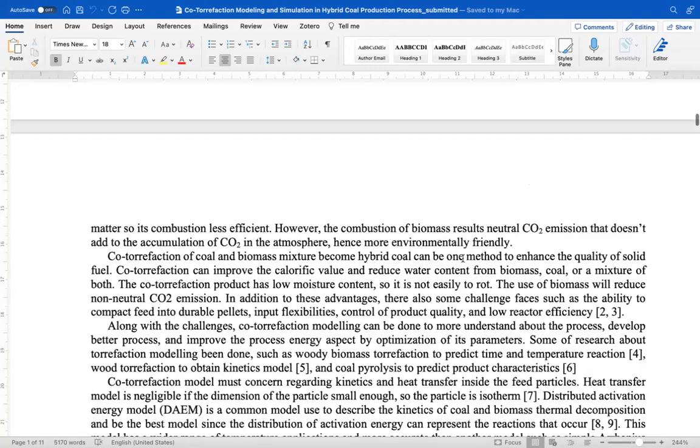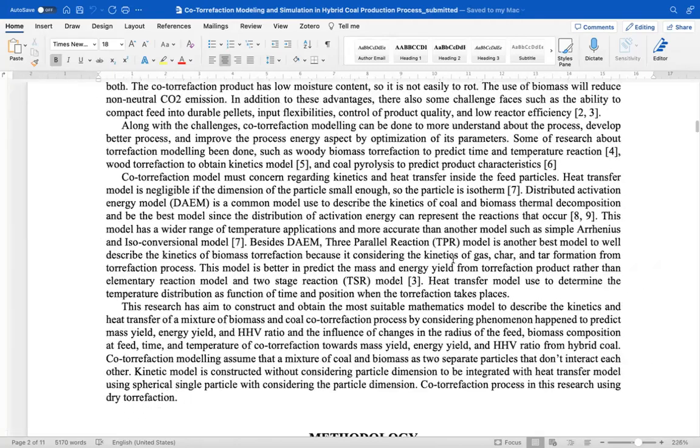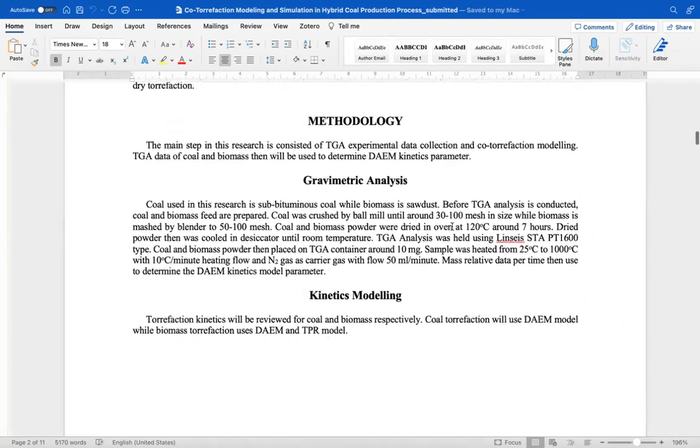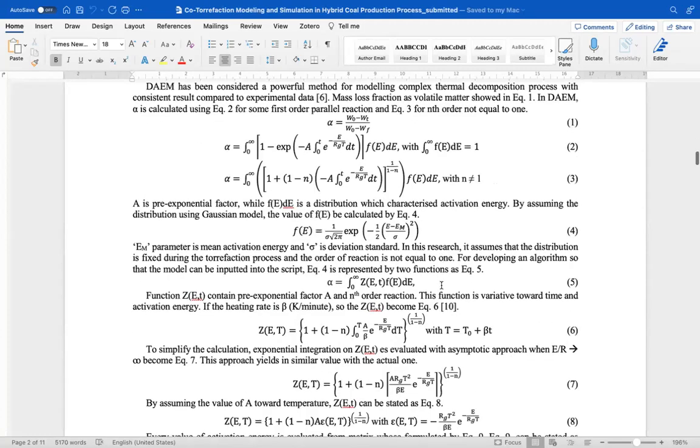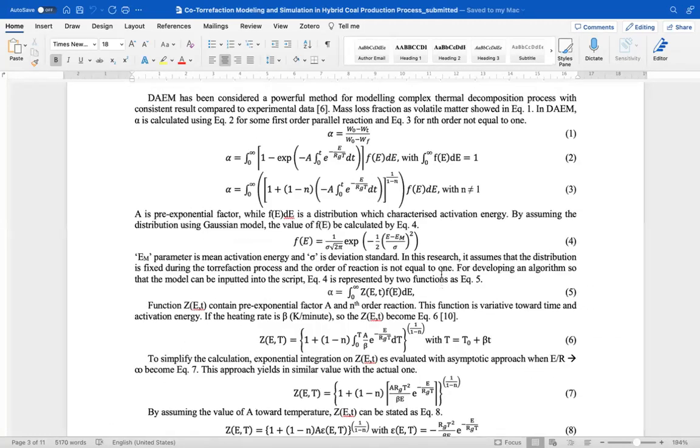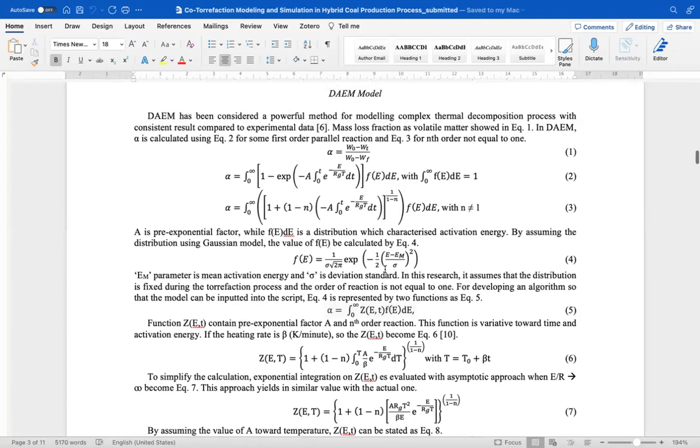In this case, there's quite a long introduction and methodology. This tells you that the conversion of reaction is a function of temperature, and the temperature is a function of distance and time.